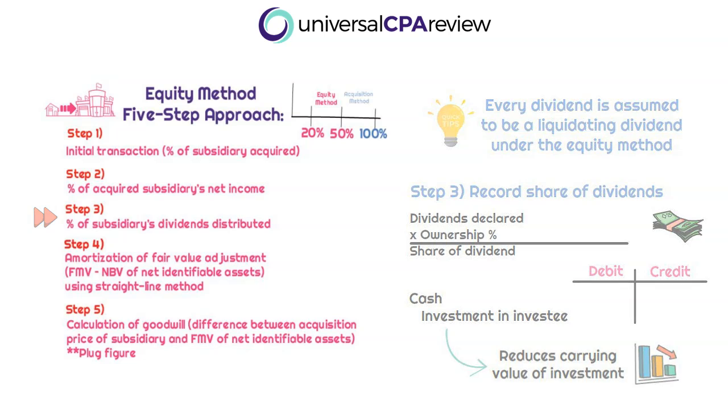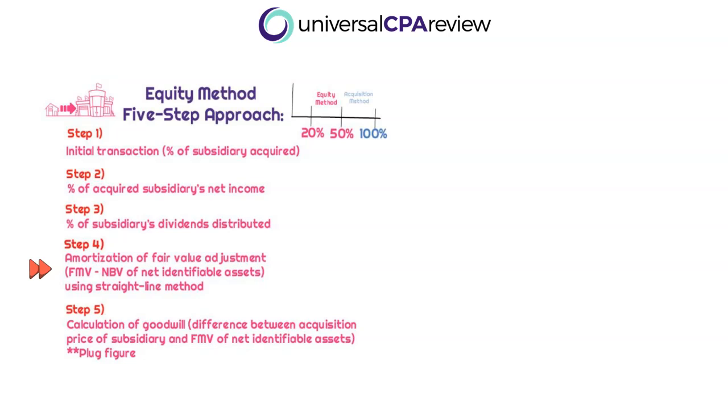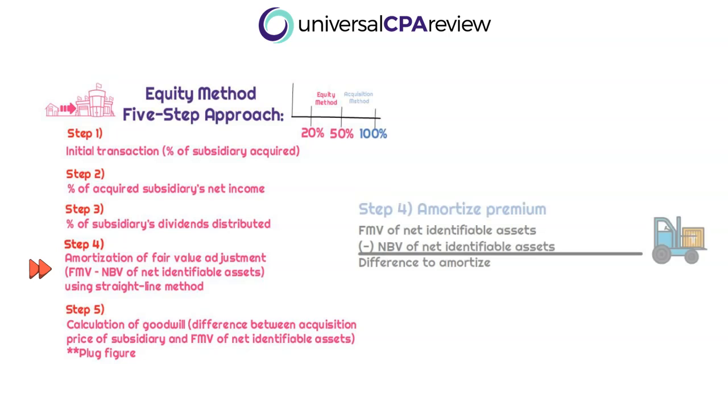on our balance sheet. Step 4 is arguably the hardest aspect of the equity method to understand. And it's basically because if there's a difference between the fair market value of net identifiable assets and the net book value of net identifiable assets for the company that we're investing in, well, there's what's called an amortization premium.